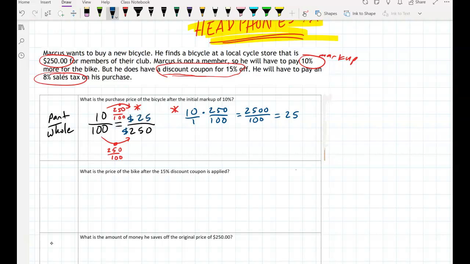So the 10% markup will be $25. So the price gets marked up $25. So we have to take the original price of $250, we're going to add the markup value, and that will equal the total.